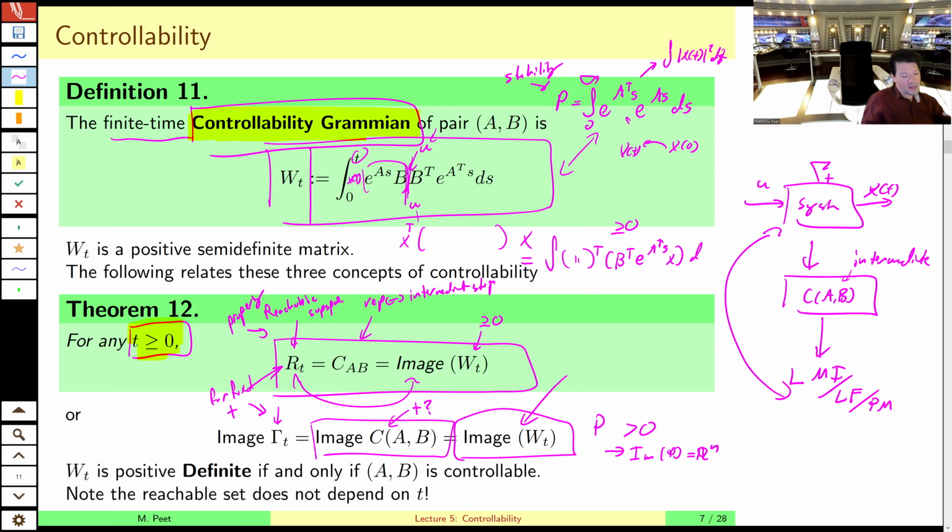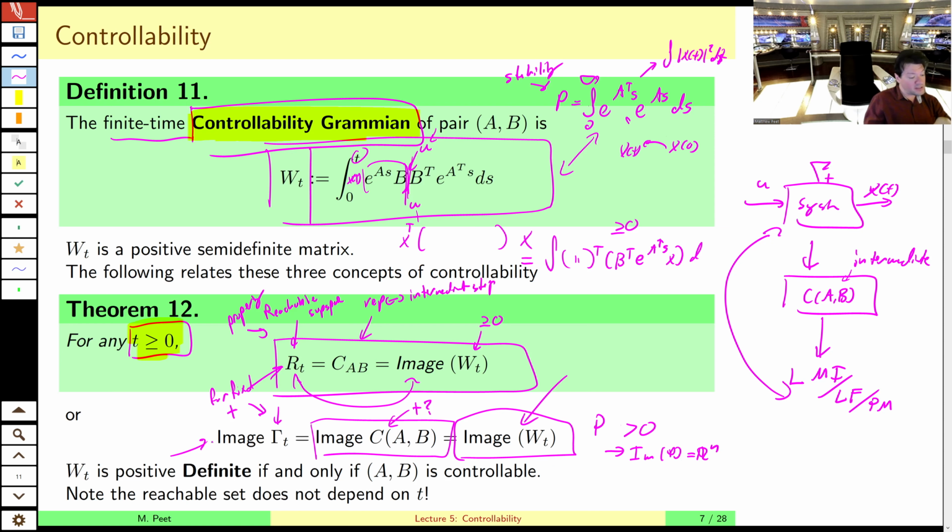If that matrix is positive definite for any t, then the system is controllable.